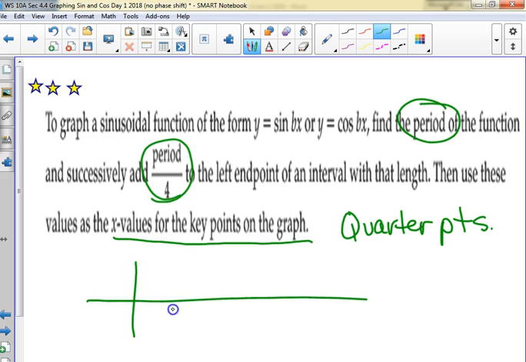So if we eventually do shifts tomorrow, when you start here, I need to end here. And so you're going to divide that into fourths because I'm going to want to know the ordered pairs at all those places. Okay, so this is how you find quarter points, and we'll talk more about that.